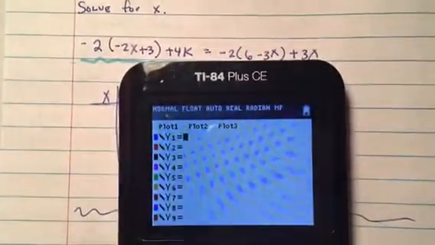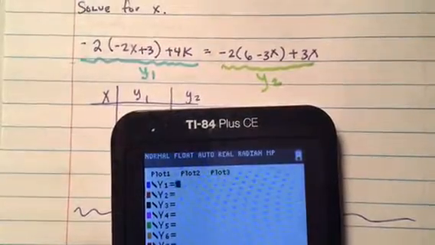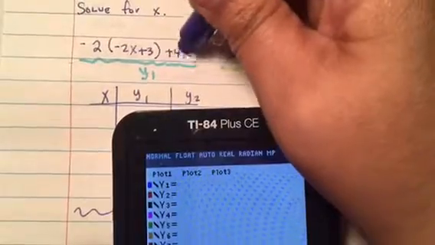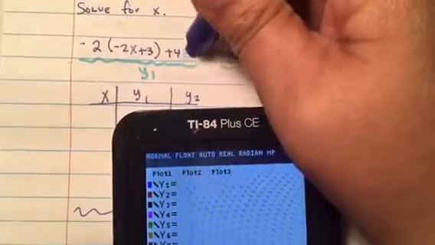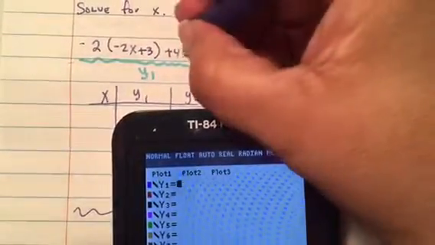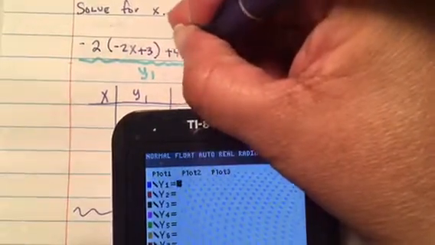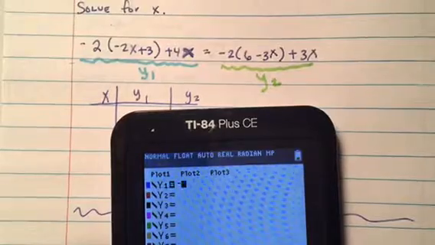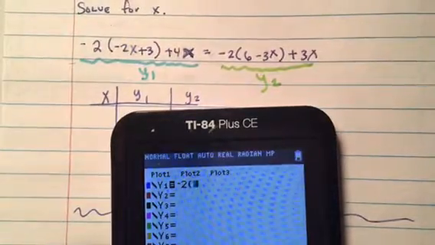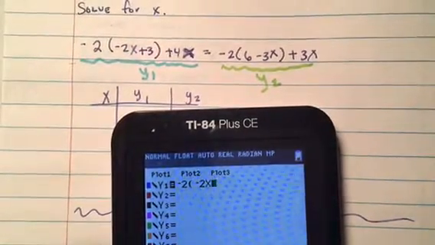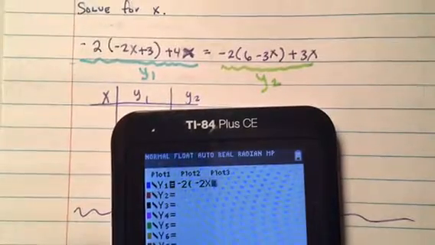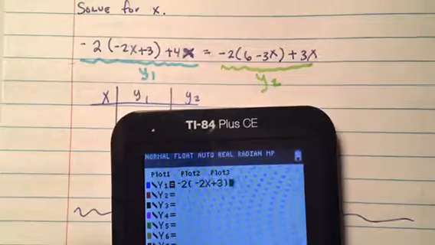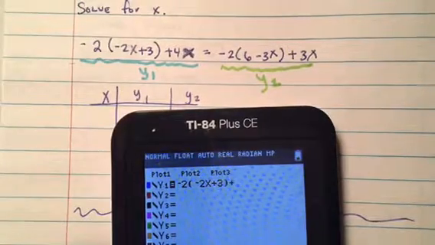The equation, and this should be an x and not a k. That's my fault. Okay, so I'm going to type -2 times -2x plus 3 plus 4x.